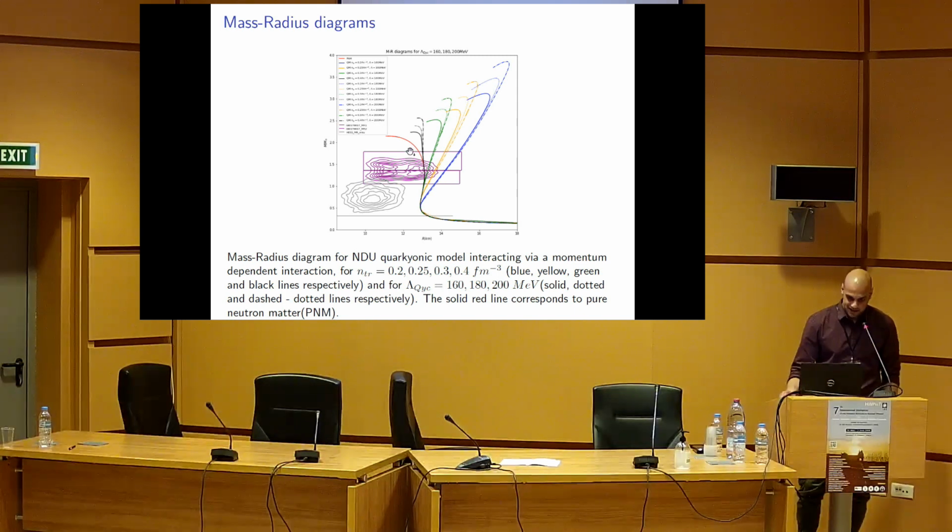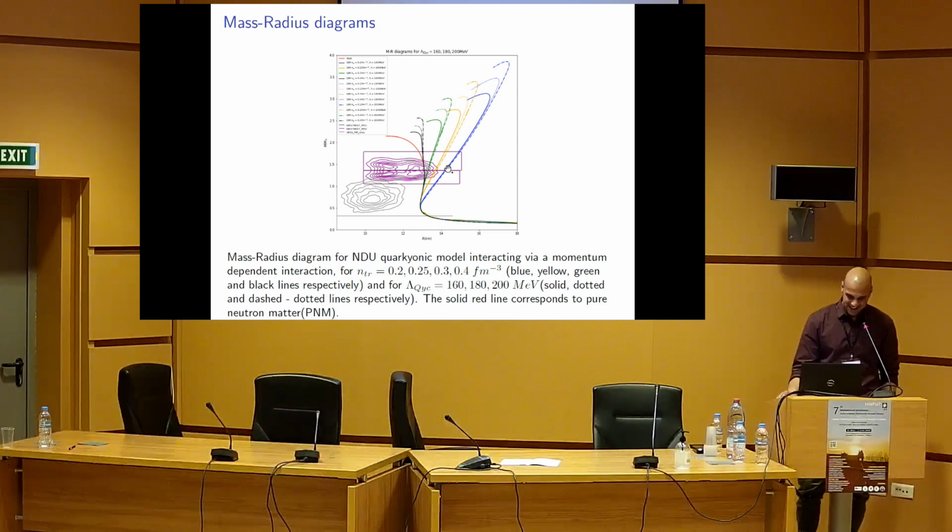Here we can see some recent observational data. The purple contour plot is from LIGO observations, and this is from the HESS experiment. The different colors correspond, as before, to different values of the transition density, and the different shapes for the several values of the lambda parameter.